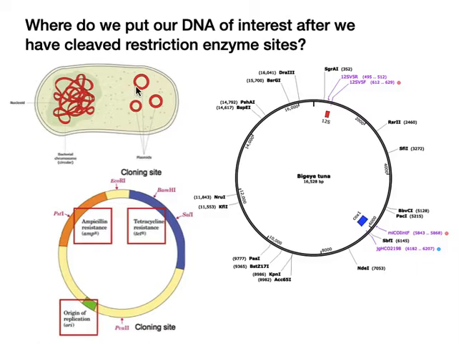So for us to insert our DNA of interest with restriction enzyme sites, we also need to digest. We need to cut this plasmid DNA in a way that we can tailor fit it to incorporate our DNA of interest. So for example, I'm going to cut here and cut here.